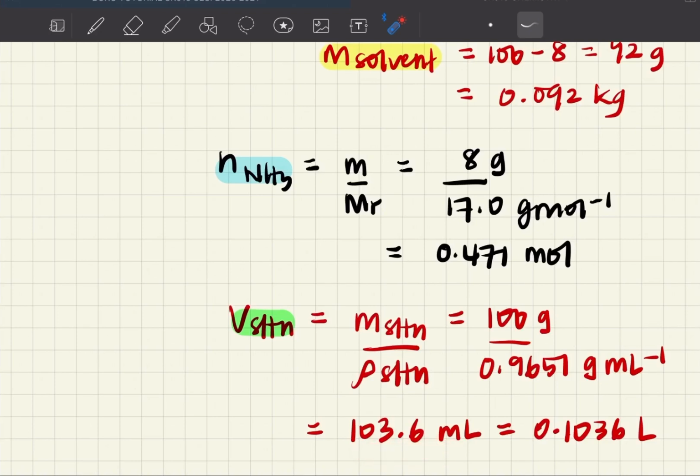Okay, easy. So remember, for molarity, the volume of solution must be in liters or dm cubed. So make sure to convert your units, guys. Please don't forget. Please do not be careless. Otherwise, your answer will be wrong.